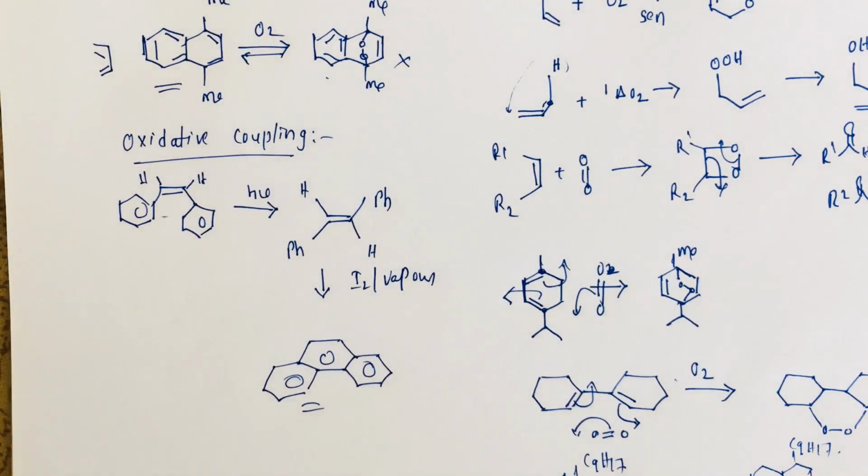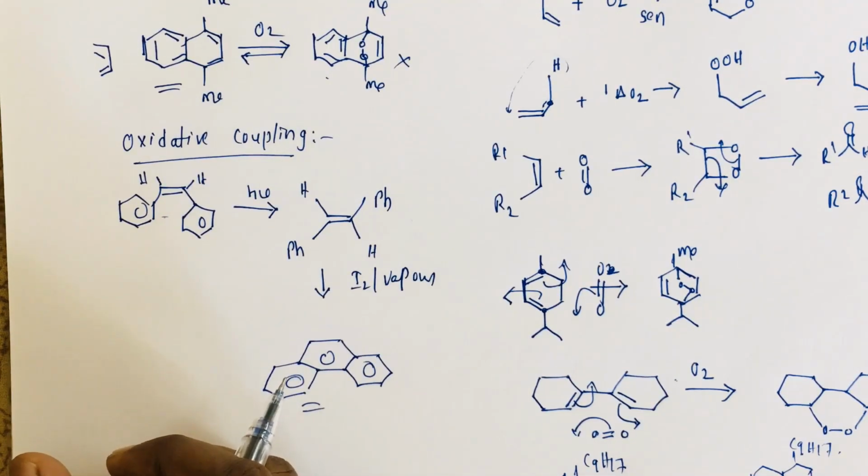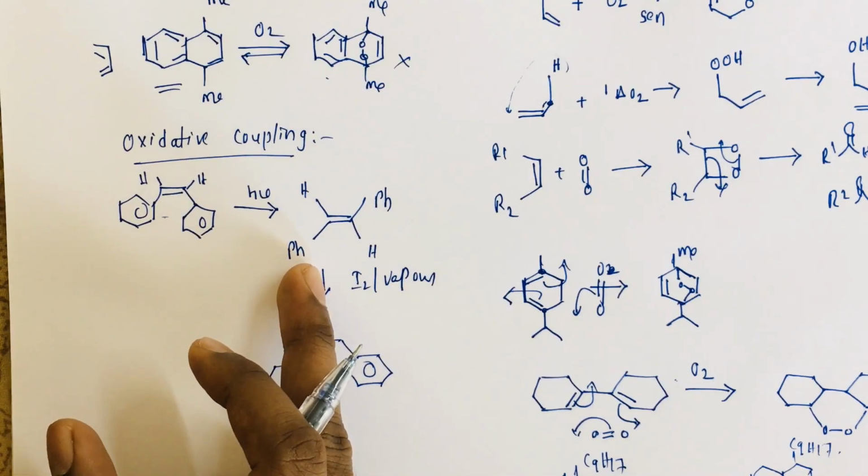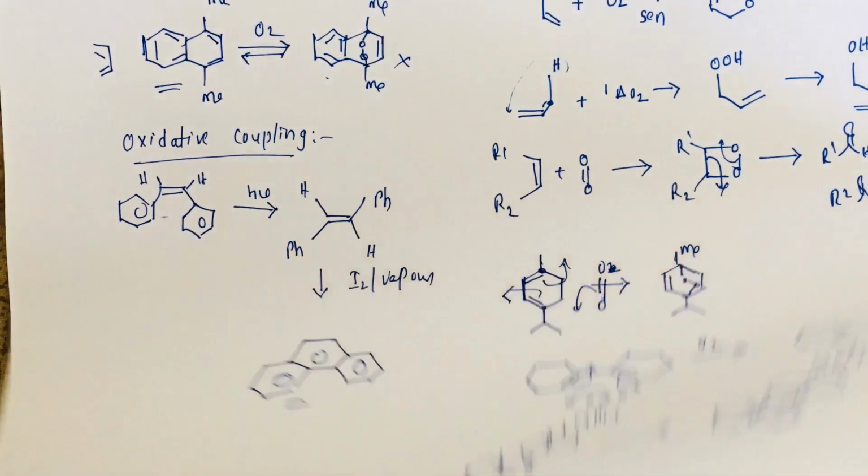So these are called photo oxidation reactions. These are some examples we have for photo oxidations and oxidative coupling reactions. And also one important reaction about phenols.